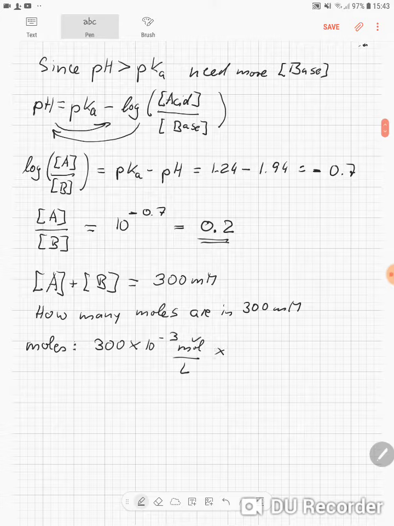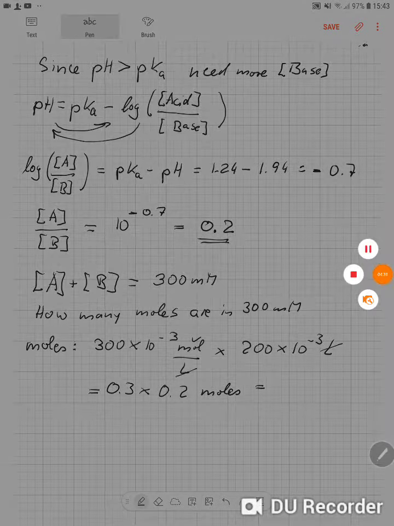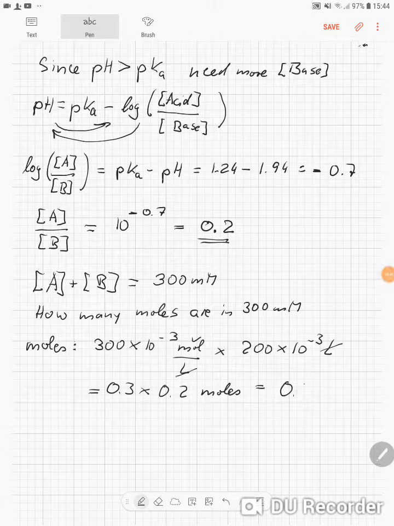So the mole is in the right place, we just have to get rid of the liter, times 200 times 10 to the minus 3 liter, and we see the liter cancel out, and that gives us basically the same as 0.3 times 0.2 moles, and that is the same as 0.06 mole, which of course is the same as 60 millimole.